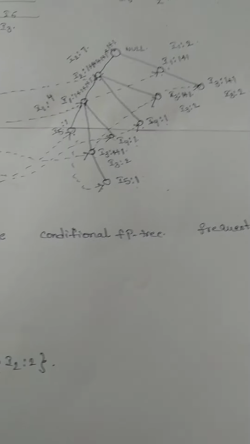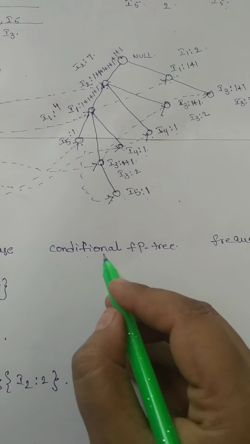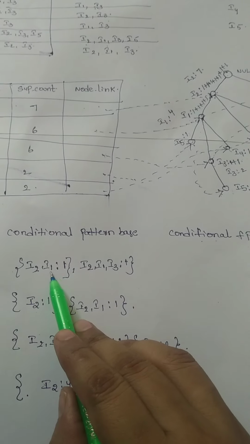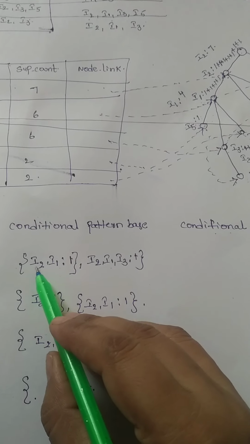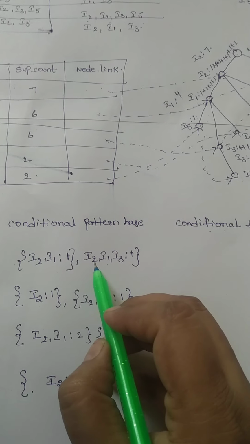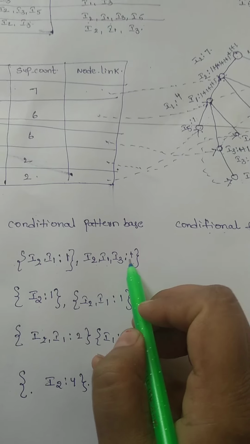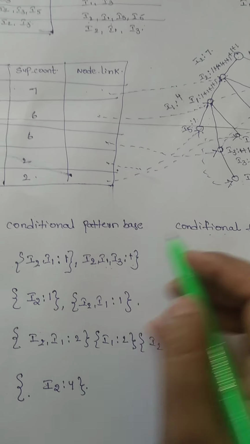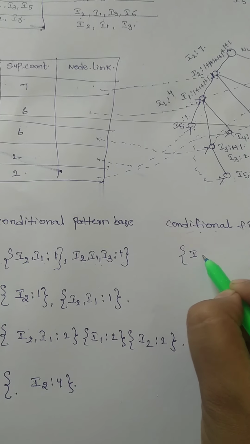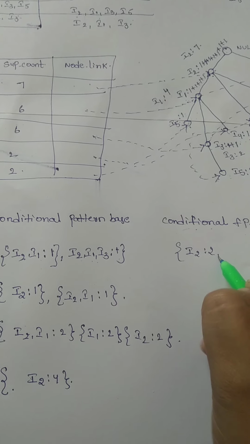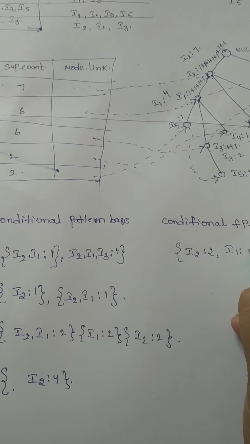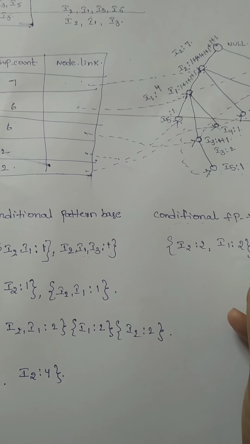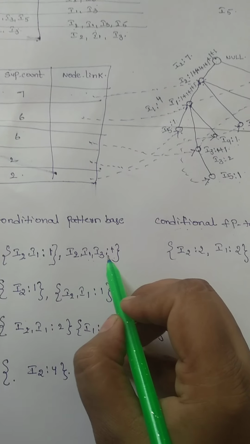So next, the conditional FP tree. Conditional FP tree means here we have to take the count. How many times is I2 there? Here I2 is 1, here I2 is 1, so the total count of I2 is 2, and I1 is 2. Here I3 is 1.